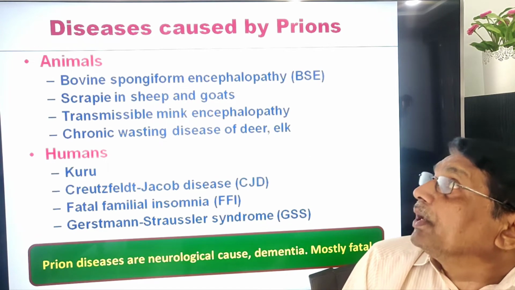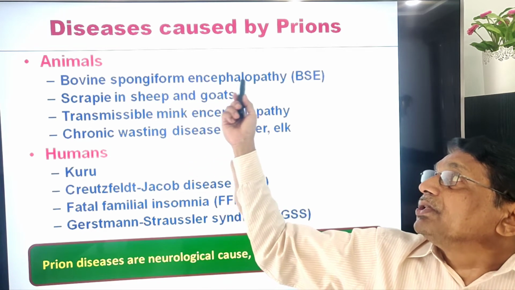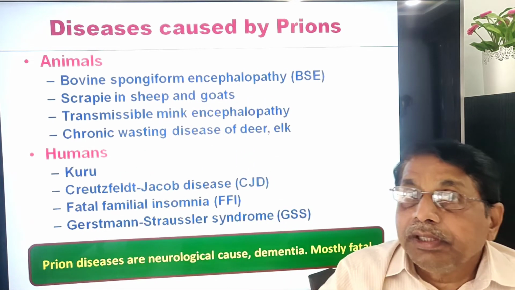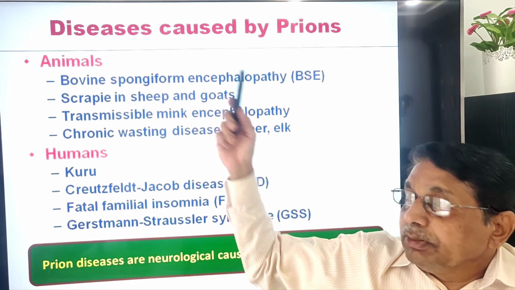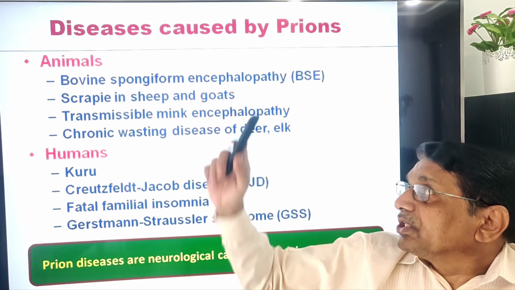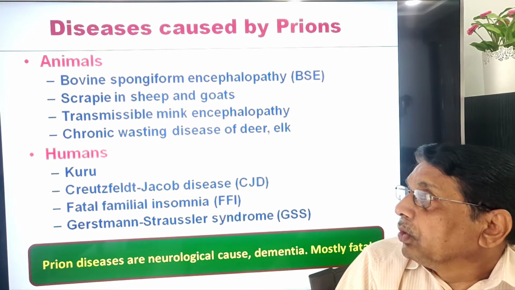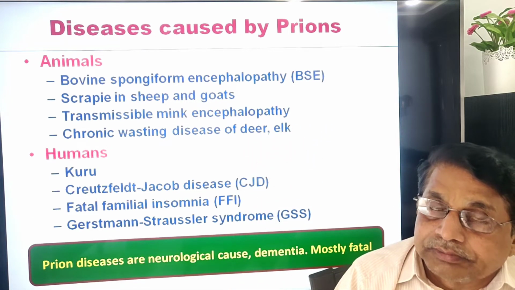Diseases caused by prions. In animals: bovine spongiform encephalopathy, BSE, scrapie in sheep, transmissible mink encephalopathy, chronic wasting disease of deer and elk.